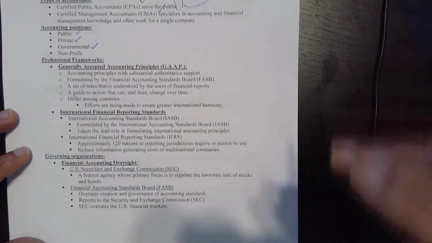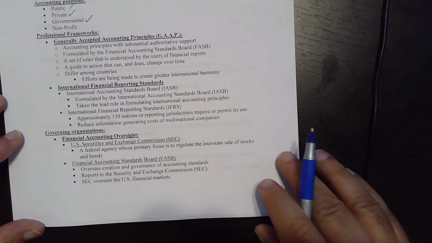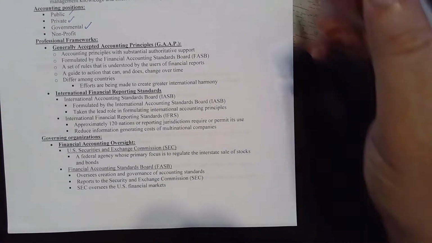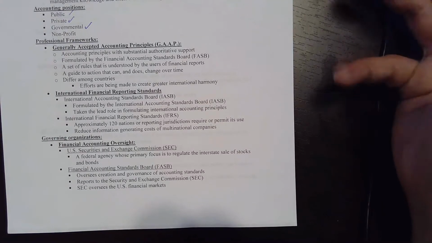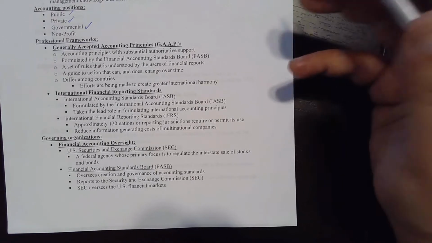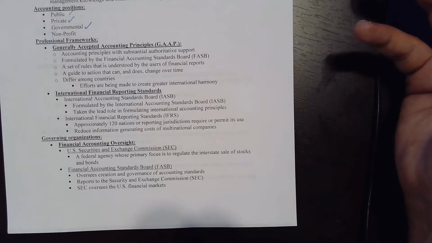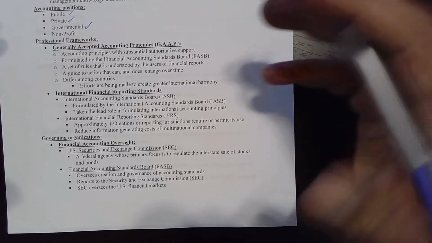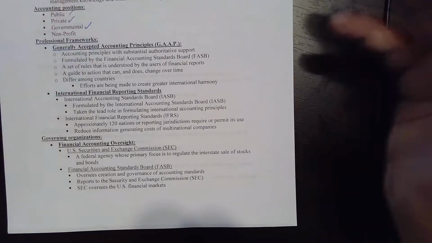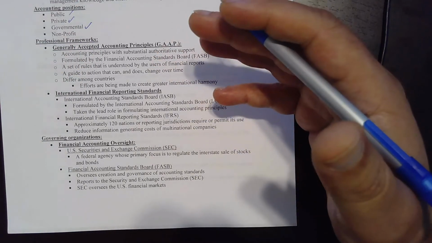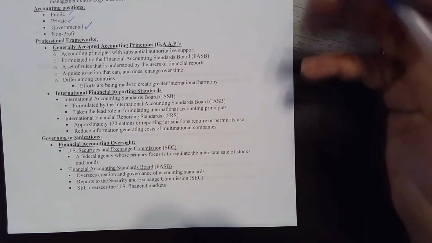All right, so the next thing we're going to talk about is the professional framework. The professional framework is basically the set of rules we follow. Now it says generally accepted accounting principles, or GAAP. The accounting principles that we use, for example, for a burger joint would be different than what we use for Walmart, even though both are in retail sales.